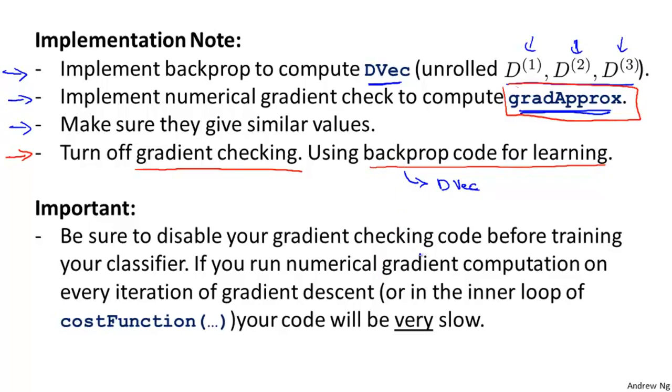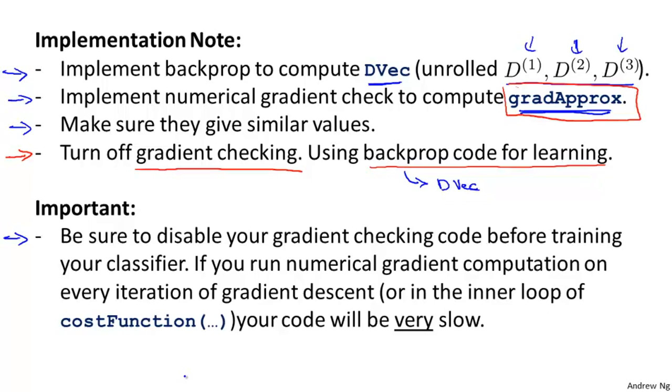So once you've verified that your implementation of backpropagation is correct, you should turn off gradient checking and stop using it. Just to reiterate, you should be sure to disable your gradient checking code before running your algorithm for many iterations of gradient descent or of the advanced optimization algorithms in order to train your classifier.